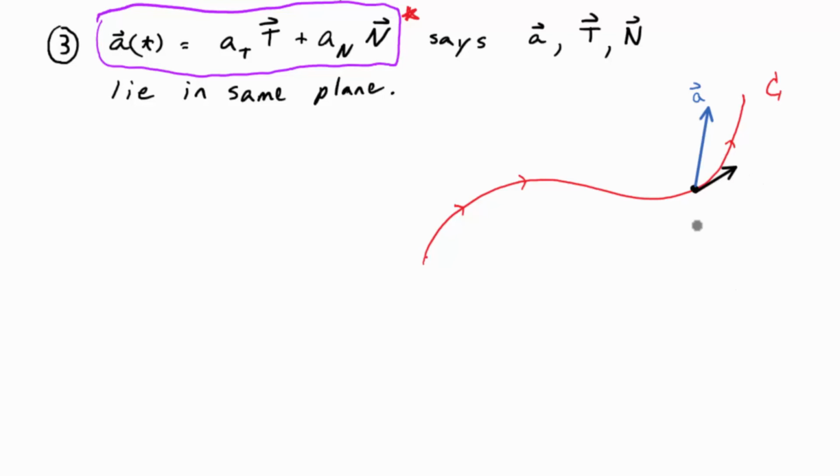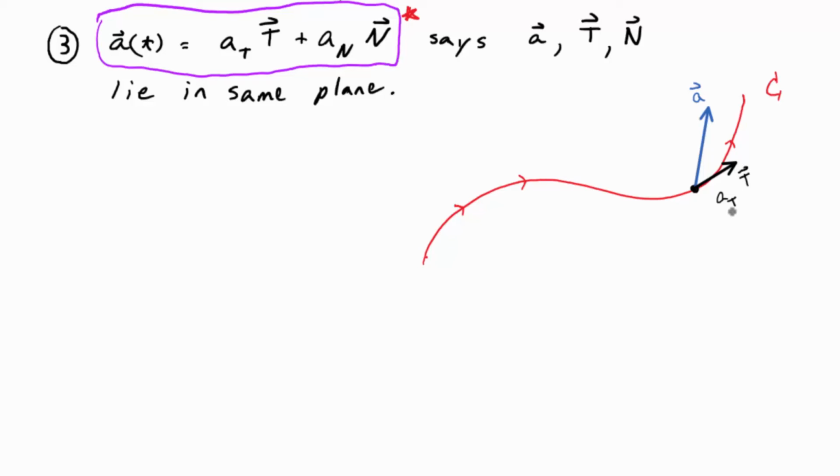And I might have to adjust that. But for now, let's call that a sub t times T. So the vector in black is a sub t times the unit tangent vector, or unit vector in the direction of motion.